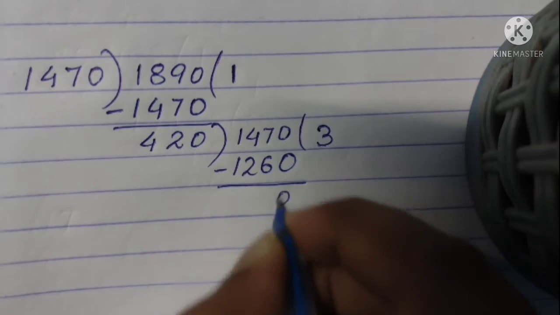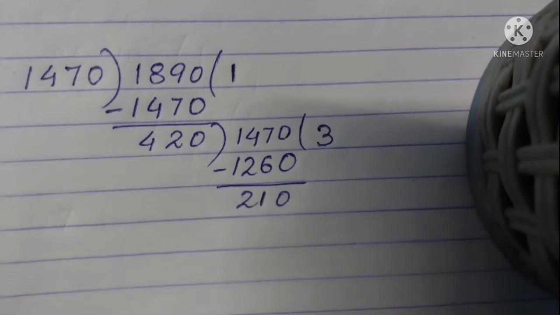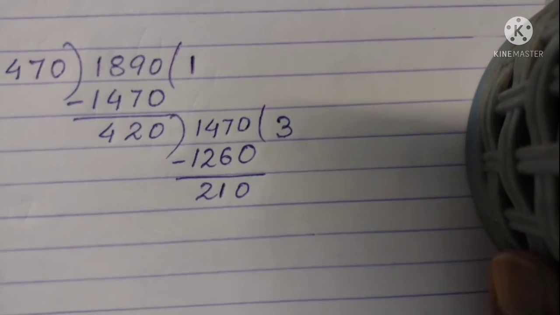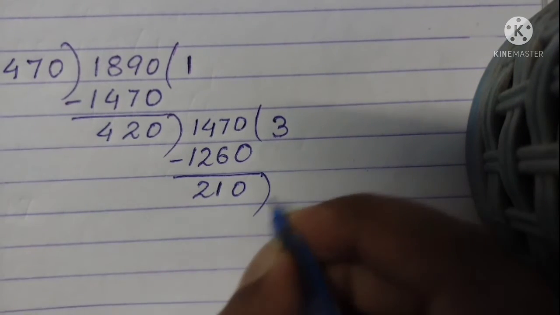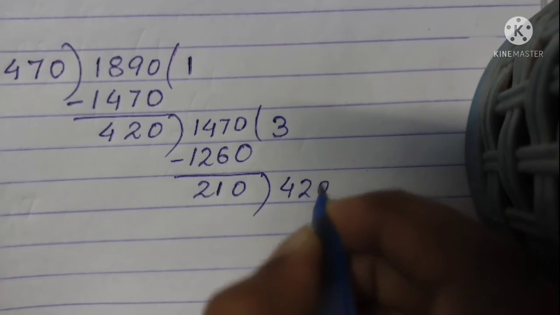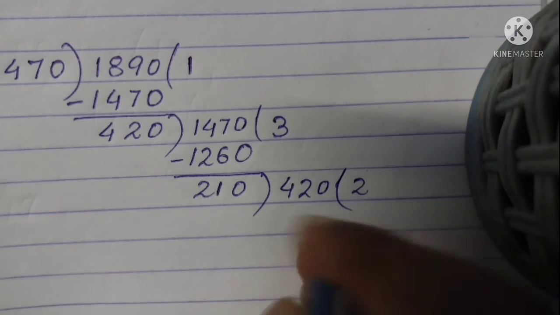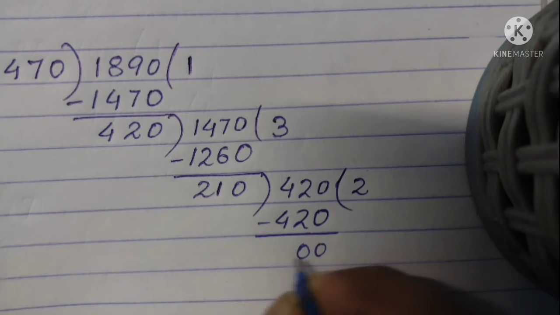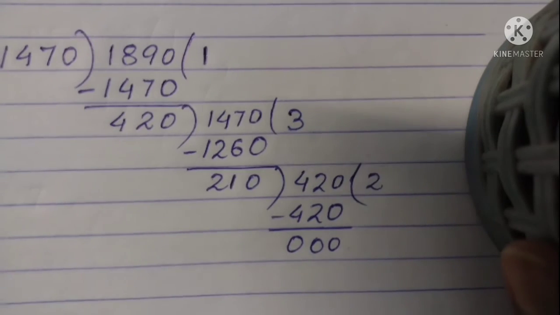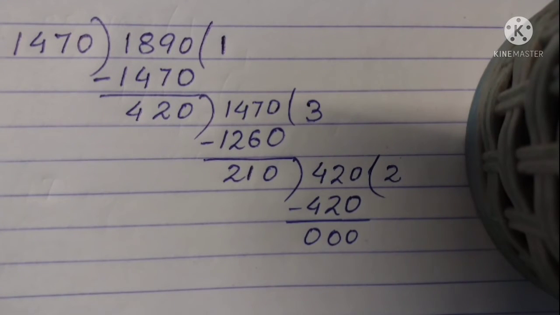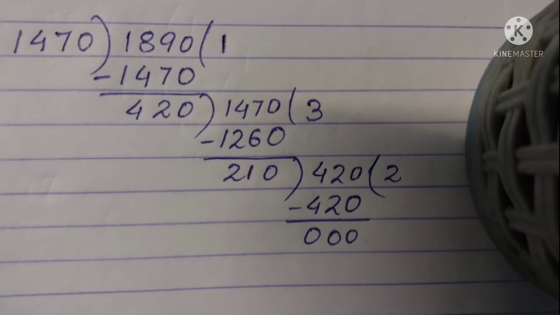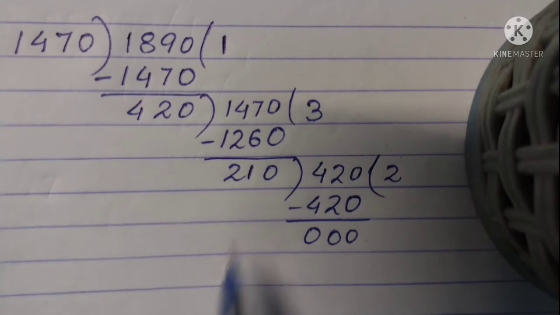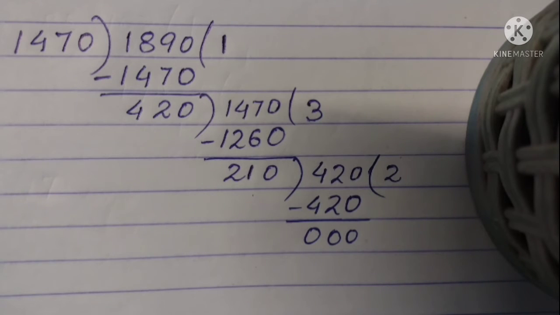What is the difference? 210. Now we will divide 420 by 210. 210 into 2 is 420, and then the remainder is 0, as in the question it is saying. Now what is the last divisor? 210. So 210 is the answer.